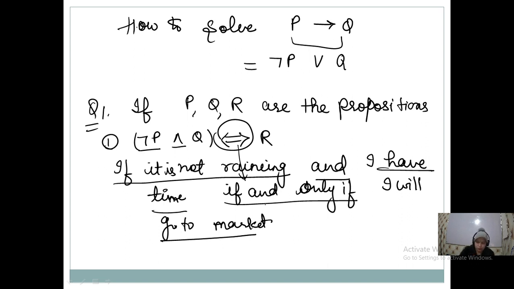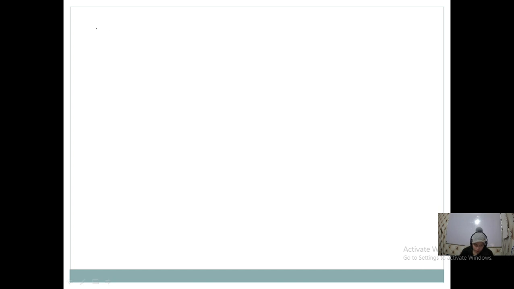Now the next statement: for example, Q implies R and R implies Q. What do we mean by this?